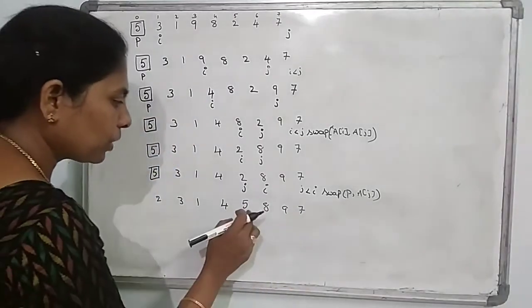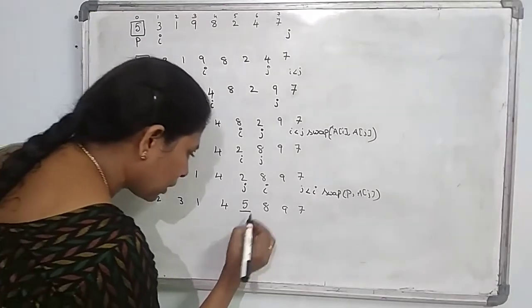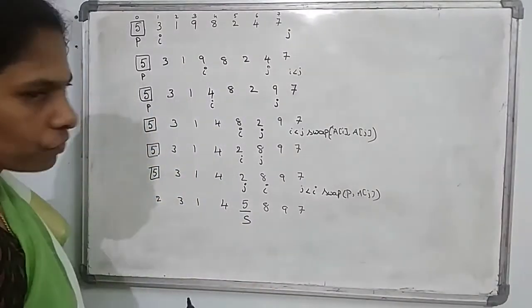So whenever you are swapping the pivot element with this one, now this will be acting as the splitting portion.